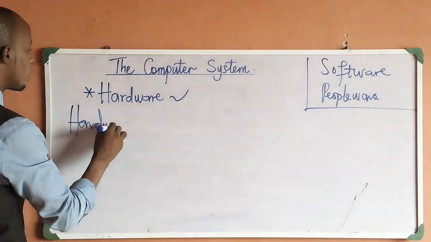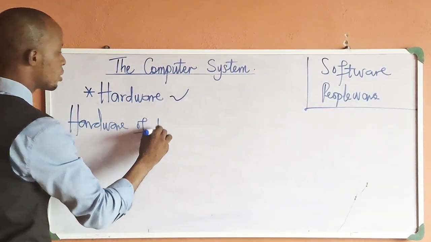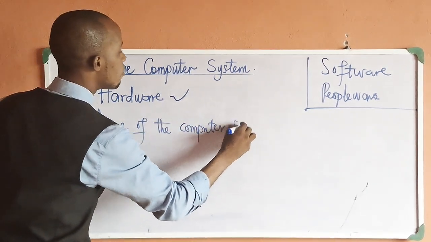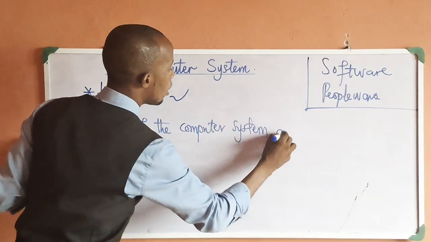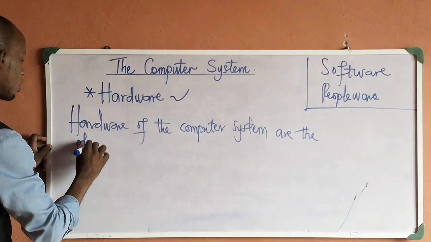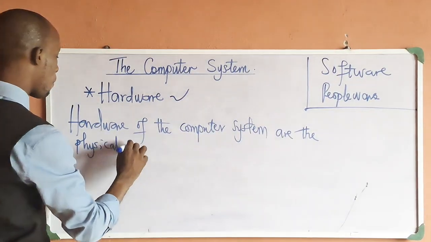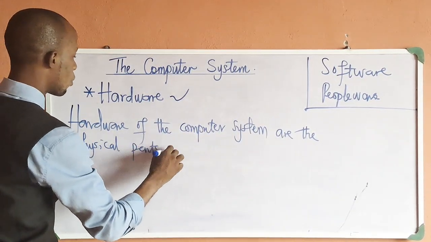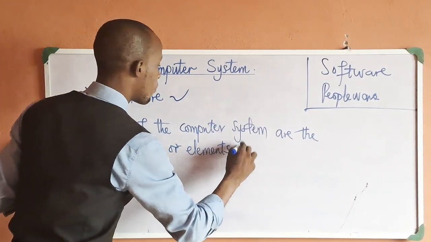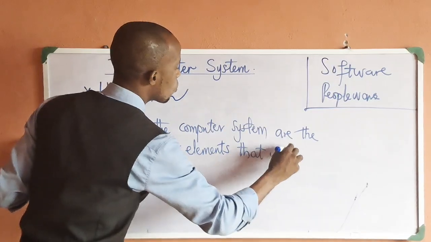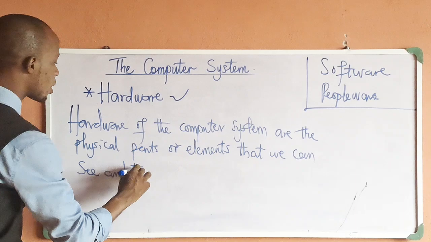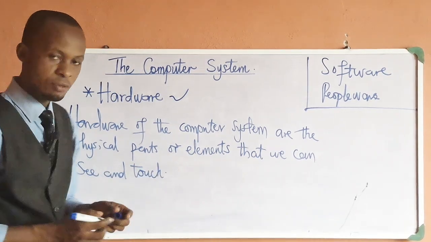The hardware of the computer system are the physical parts or elements that we can see and touch.